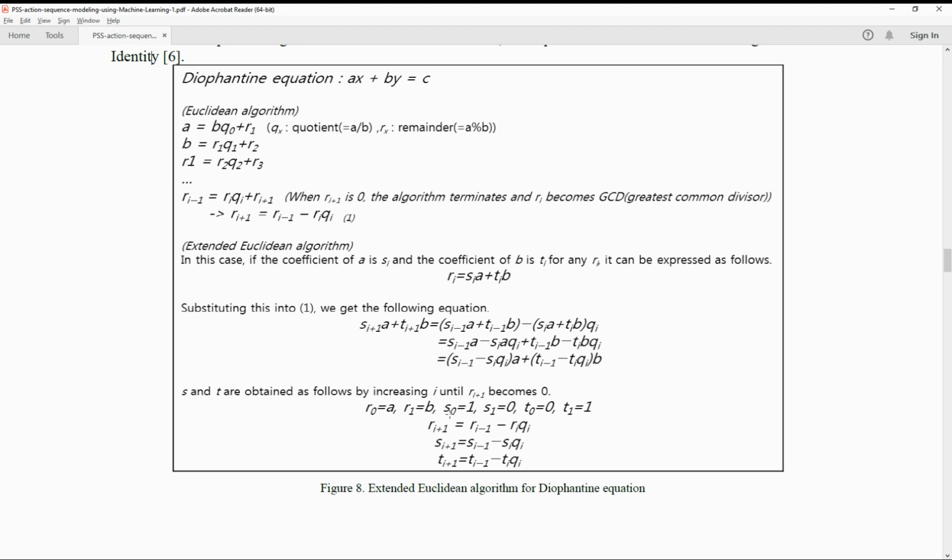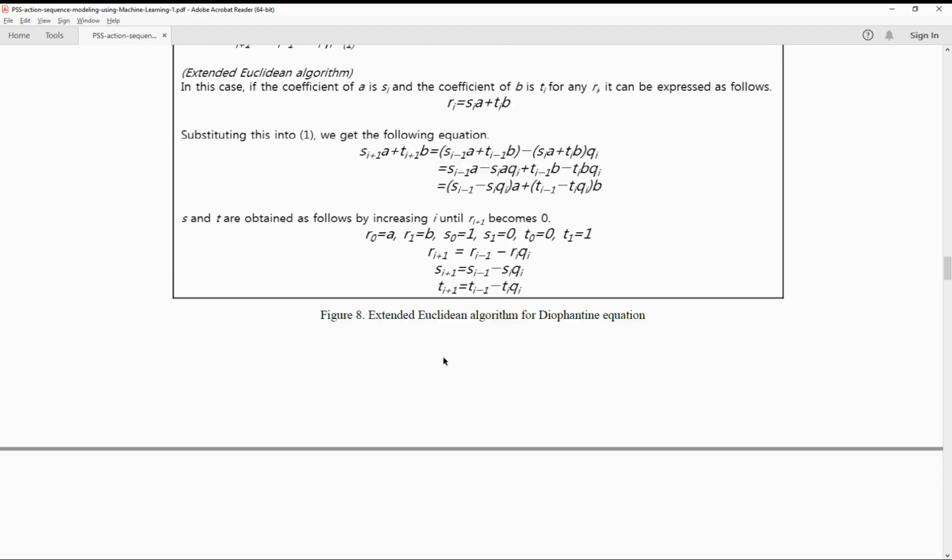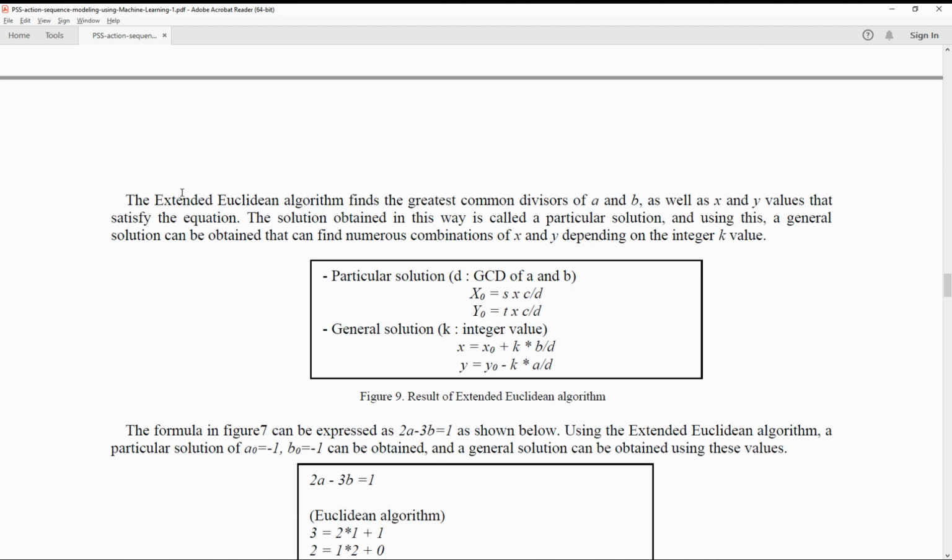Okay, I will skip this figure. The extended Euclidean algorithm finds the greatest common divisor of A and B, as well as x and y values that satisfy the equation.